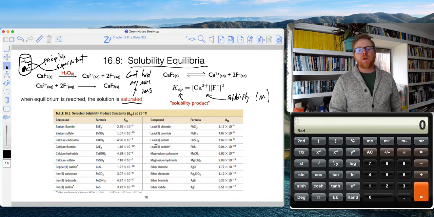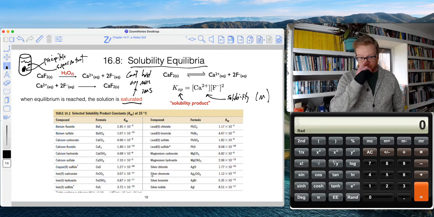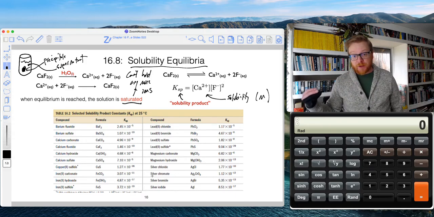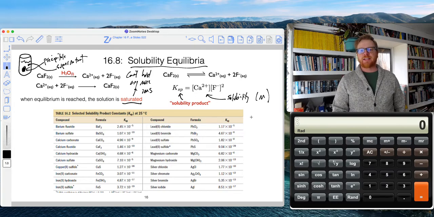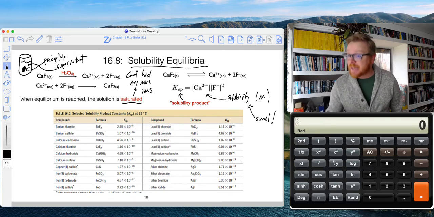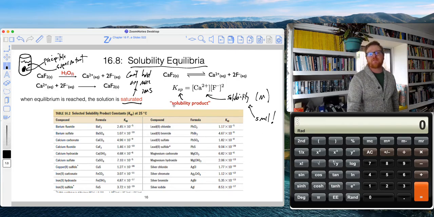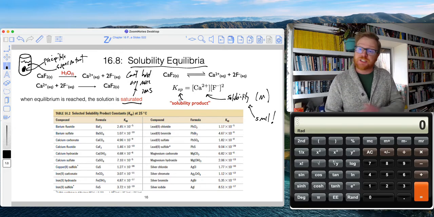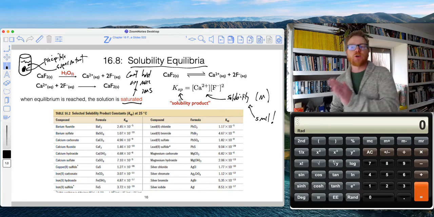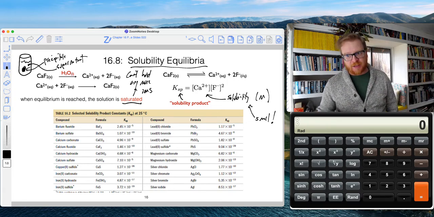So that means we don't expect these solids to dissolve very much. Another way we can think of it is we expect these molar solubilities to be quite small because if this KSP value is small, then we know that the equilibrium position is way to the left. So we're not going to see a whole lot of these ions dissolve.